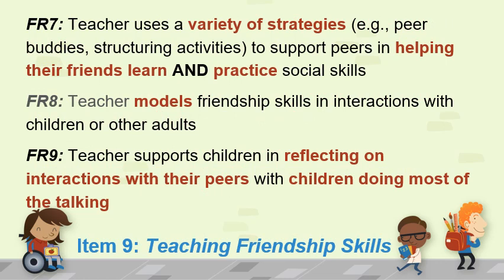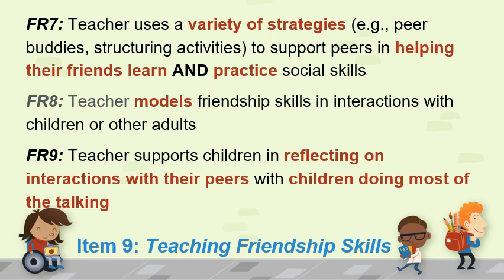The last few indicators under item 9, teaching friendship skills, are FR7, the teacher uses a variety of strategies, for example, peer buddies or structuring activities, to support peers in helping their friends learn and practice social skills.